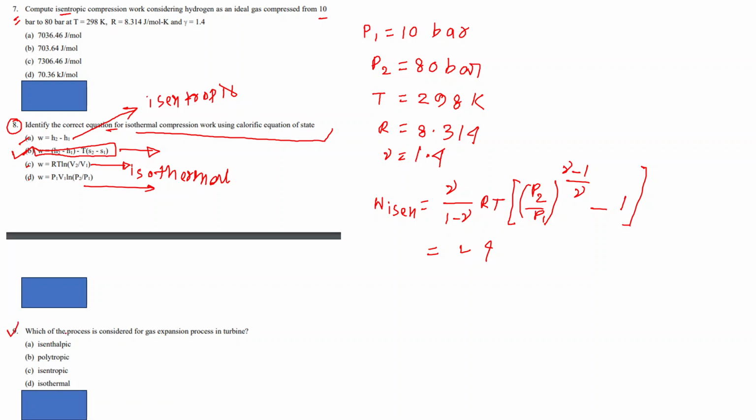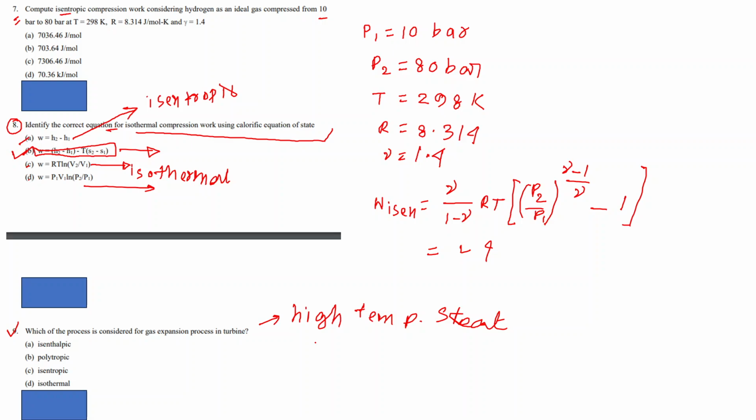Question number 9. Which of the processes is considered for the gas expansion process in a turbine? In a turbine, what happens? The high temperature steam is injected into the turbine, and this steam will rotate the turbine, and we fix the generator with the turbine.